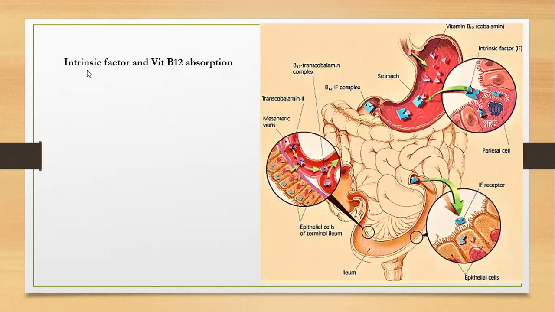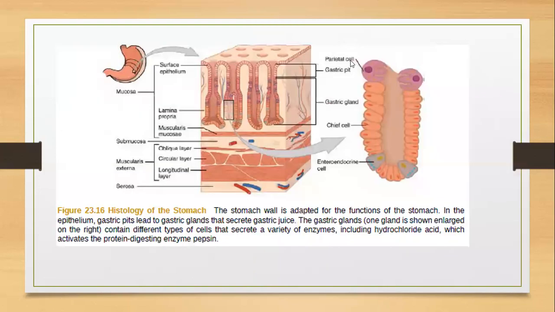So I put this diagram here because I always forget one thing that is very important, and this is the intrinsic factor. Intrinsic factor is a protein that is also produced by the parietal cells of the stomach.